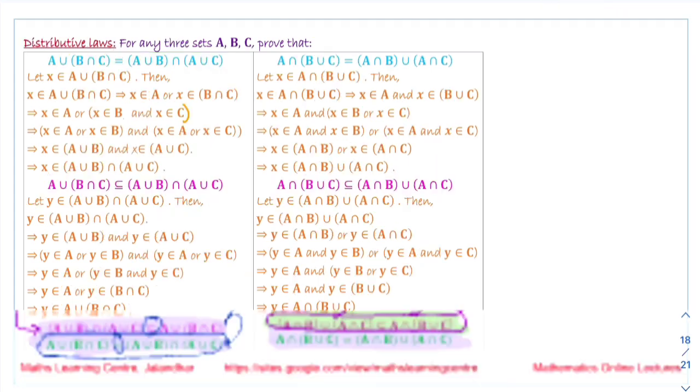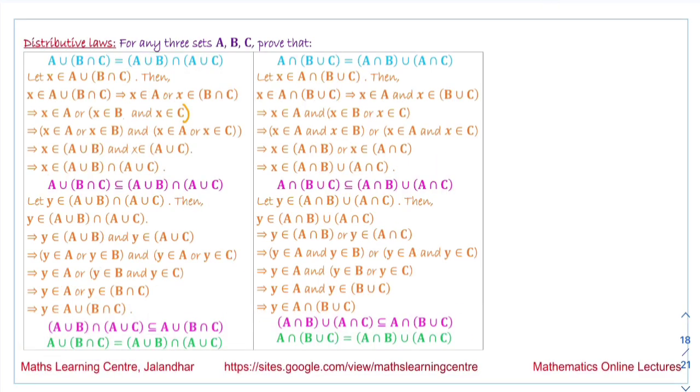Next we have the distributive laws. For any three sets A, B, C, just as with real numbers we talk about distributive law of multiplication over addition, A into B plus C is equal to A into B plus A into C. Here we have two laws: union is distributive over intersection, and intersection is distributive over union.